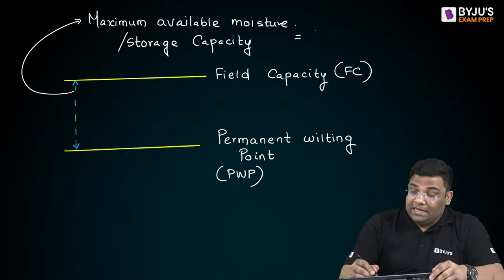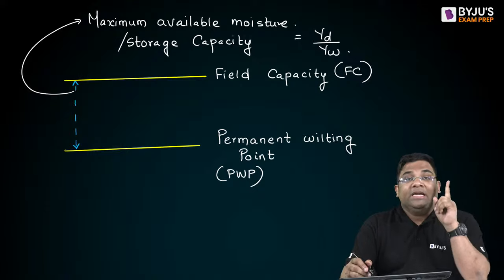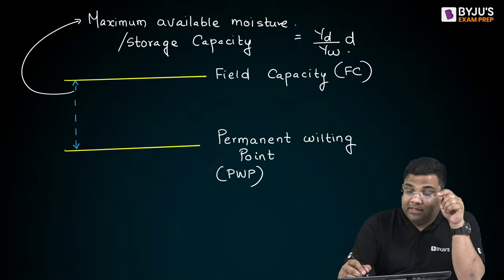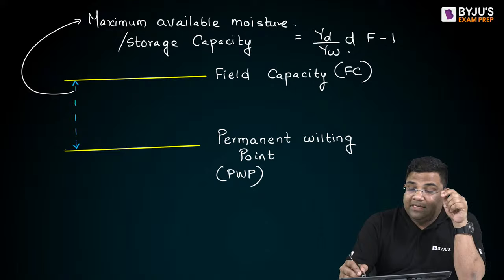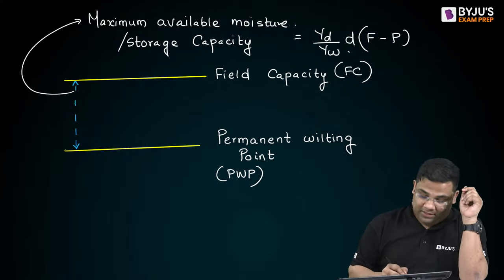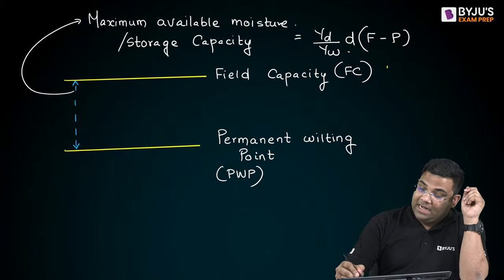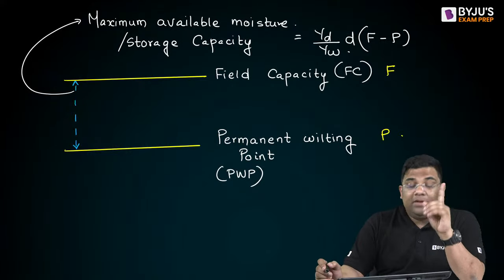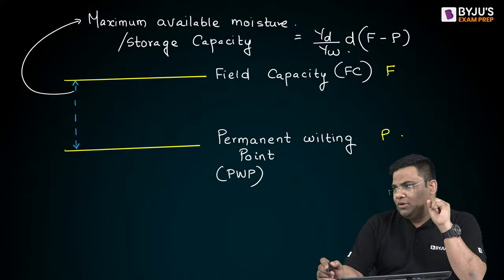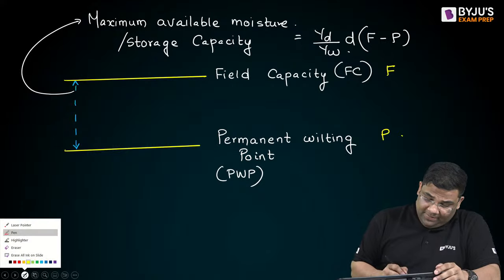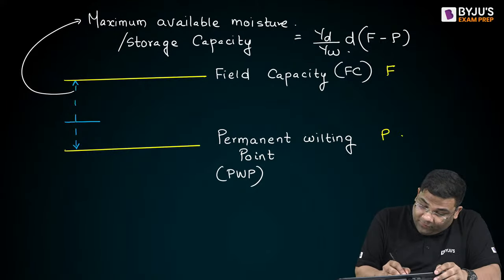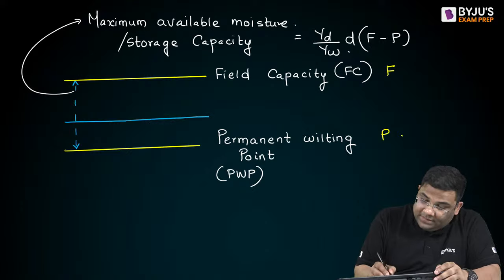This is gamma D by gamma W, the dry unit weight of the soil divided by unit weight of water. Then D is the depth of root zone. Then your field capacity minus permanent wilting point. This is the available moisture.